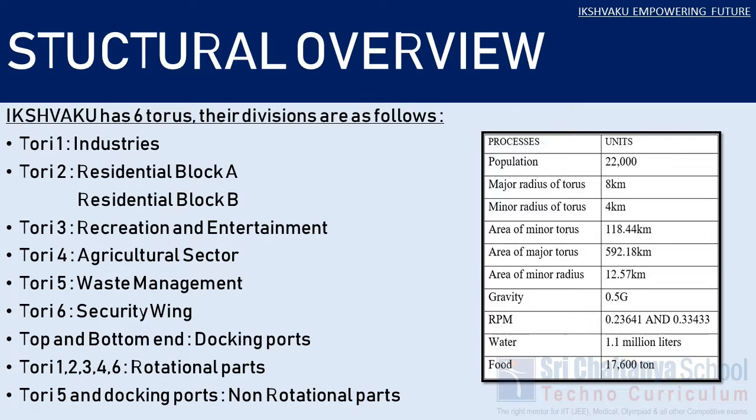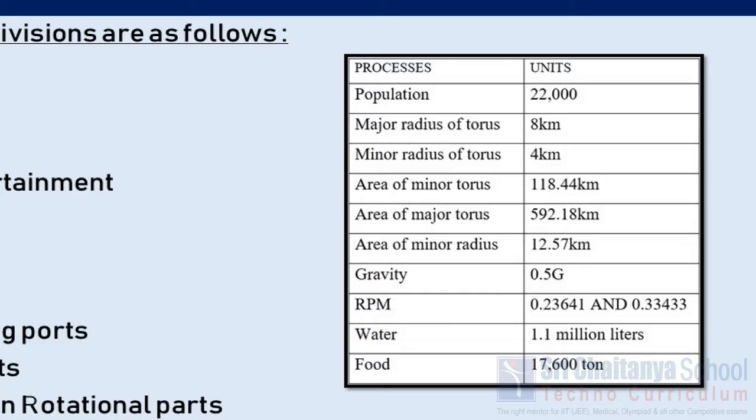The top and bottom ends of Ikshvaku have the docking ports. Torus 1, 2, 3, 4 and 6 are the rotational parts. Torus 5 and docking ports are the non-rotational parts. The processes and units of Ikshvaku are present in the following table.